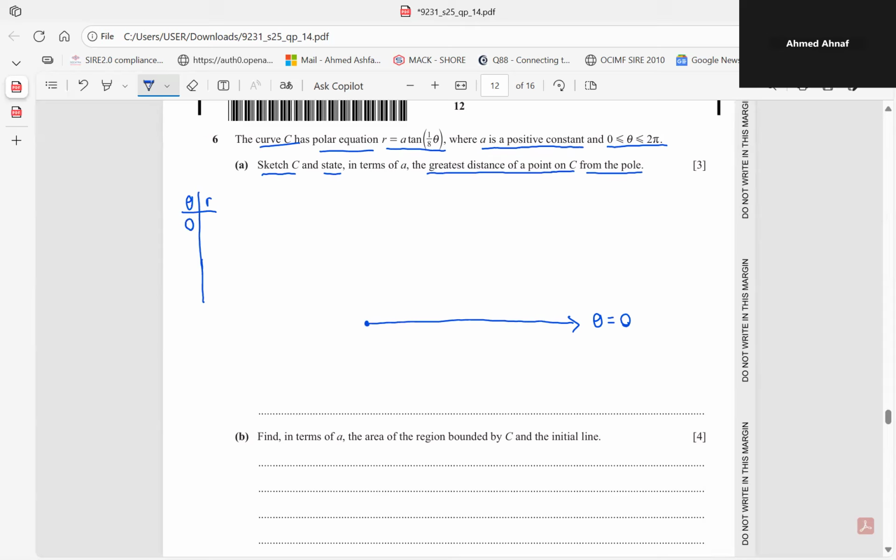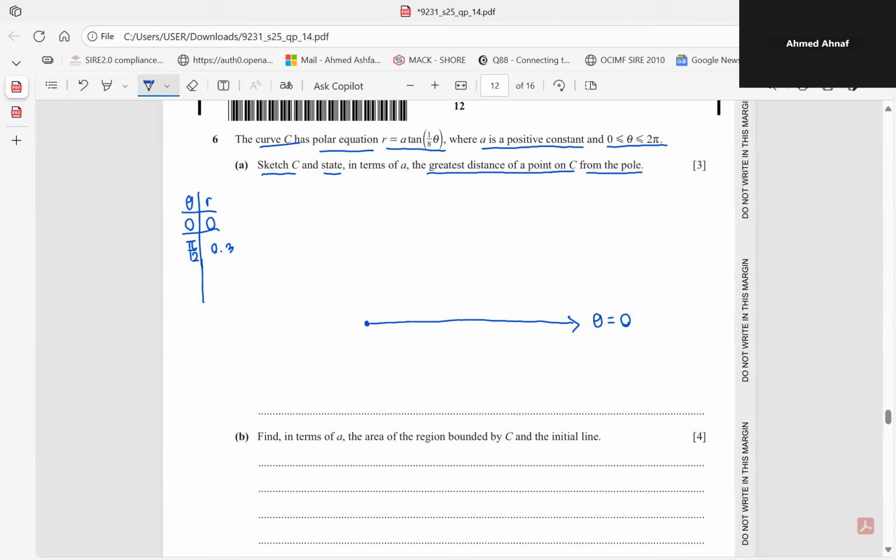So θ equals 0, you get tan 0, so r equals 0. Then θ equals π/12, you get tan(1/8 times π/12), which is 0.32 (you don't have to write it down).